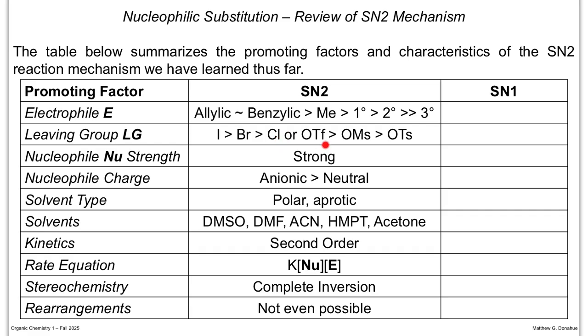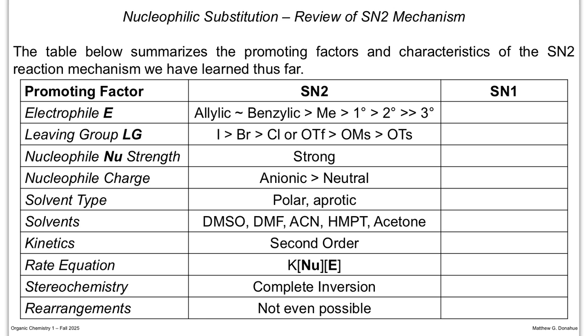And then of those sulfonate esters, where an alcohol has been activated, the trifluoromethyl is greater than the methyl, is greater than the para-toluene sulfonyl. So these were made from alcohols because OH minus is a bad leaving group. You activate it, now it's a good leaving group.